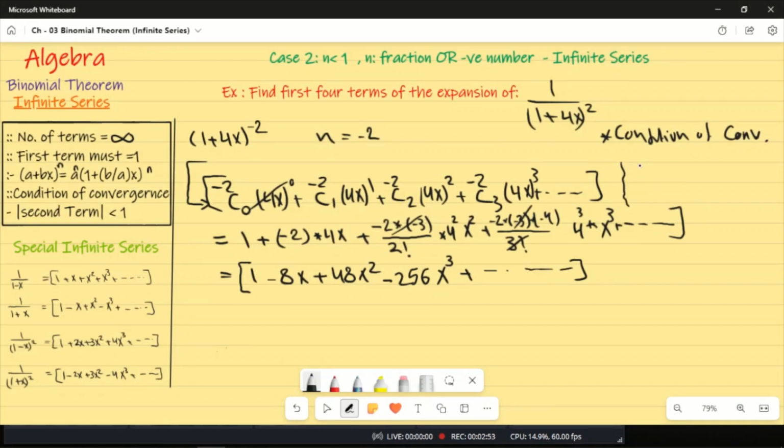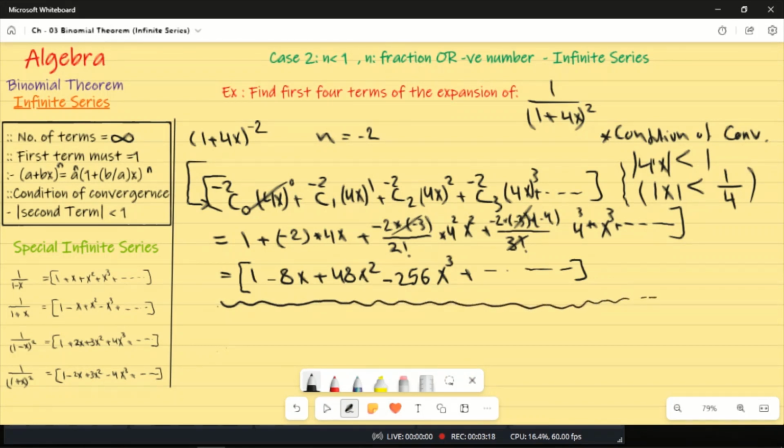Here we have absolute 4x less than 1, so absolute x less than 1 by 4. Here we expand this using the expansion of the binomial.